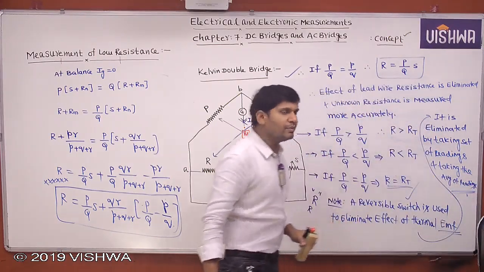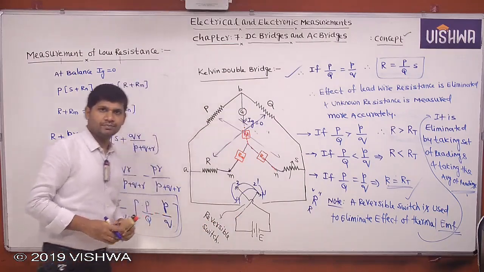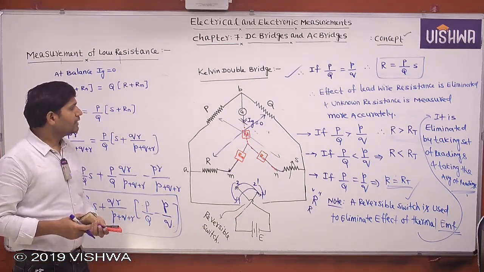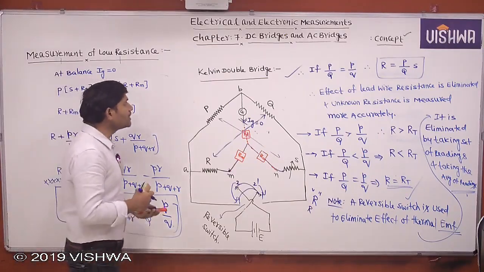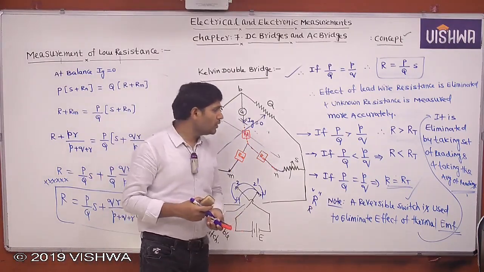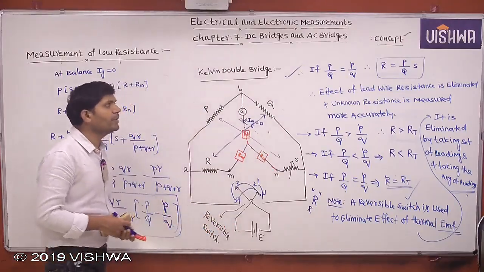Okay, like this we can eliminate the effect of thermal EMF. Whatever error is there due to thermoelectric EMFs is eliminated by using the reversible switch. Okay, this is in detail what exactly the Kelvin double bridge is.